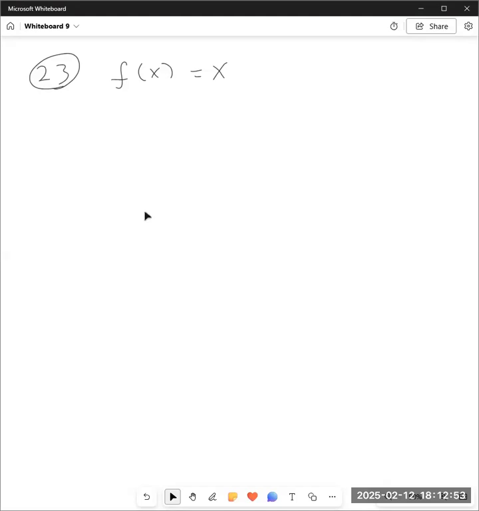There we go. My domain is negative infinity to infinity.